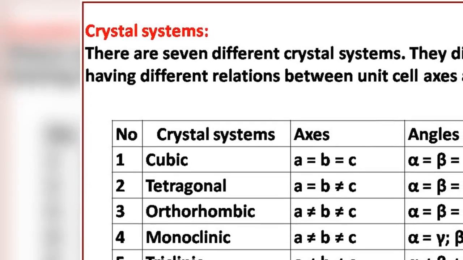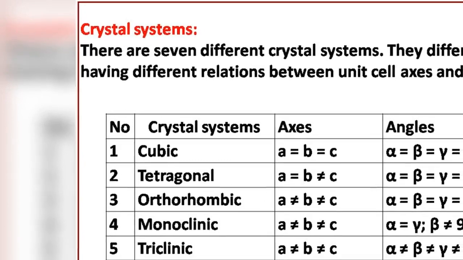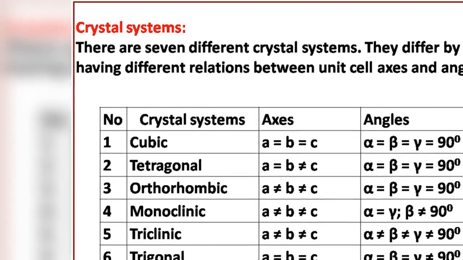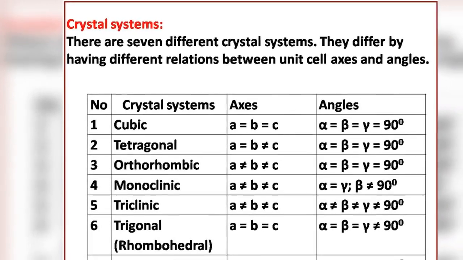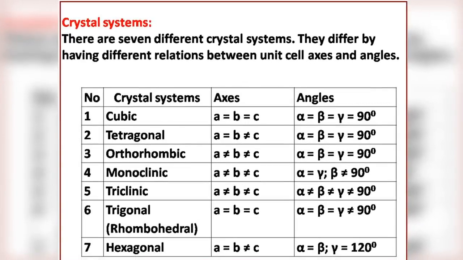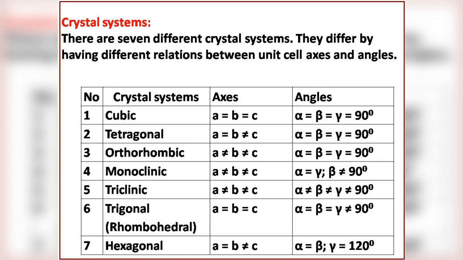We know that there are 7 basic crystal systems. They differ by having different relations between unit cell axes and angles. Cubic, tetragonal, orthorhombic, monoclinic, triclinic, trigonal or rhombohedral, and hexagonal are the 7 basic crystal systems.